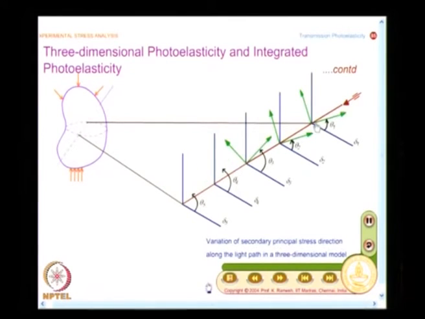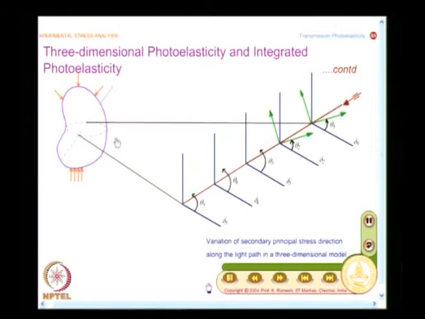But what complicates a general 3-dimensional model is that this orientation changes as a function of the plane. Not only the orientation, but also the retardation changes from delta 1 to delta 2, delta 3, delta 4, delta 5 and so on.